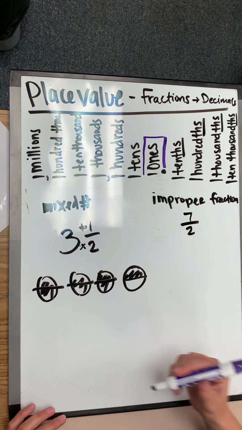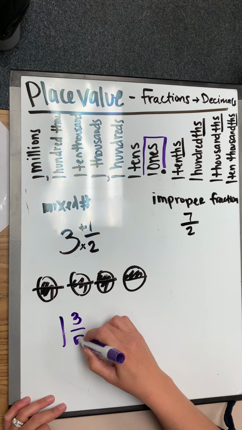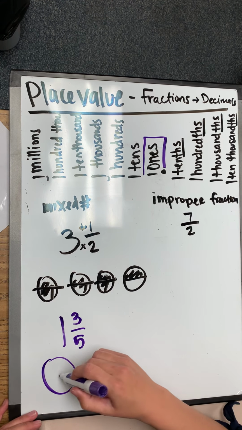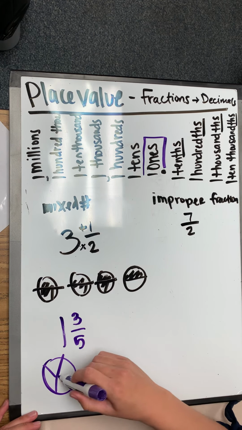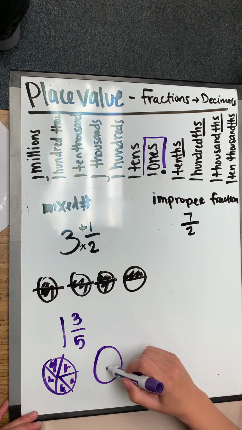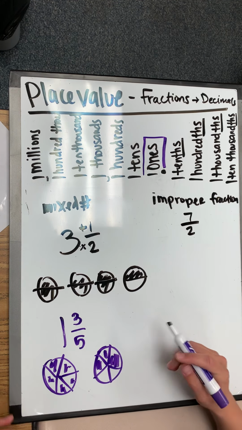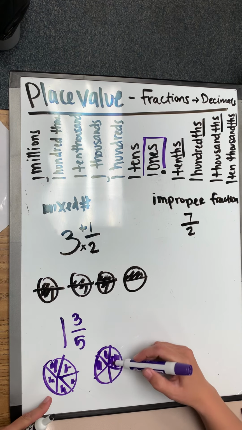You can say the same thing if it's like 1 and 3/5. Well, I have one thing cut up into 5 slices, and I have all of those slices, and then I have another thing cut up into 5 slices, and I have 3 of those slices. This is my whole, and this is my partial.